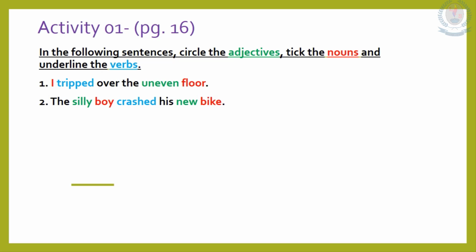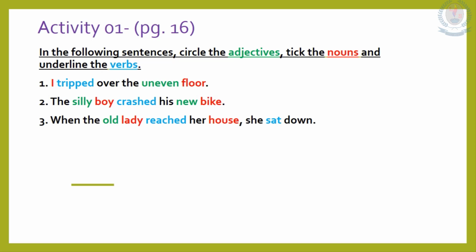Right? Third one. When the old lady reached her house, she sat down. So what are the nouns? Lady, house are nouns. And the adjective, old is the adjective. What is the verb? Reached and sat.